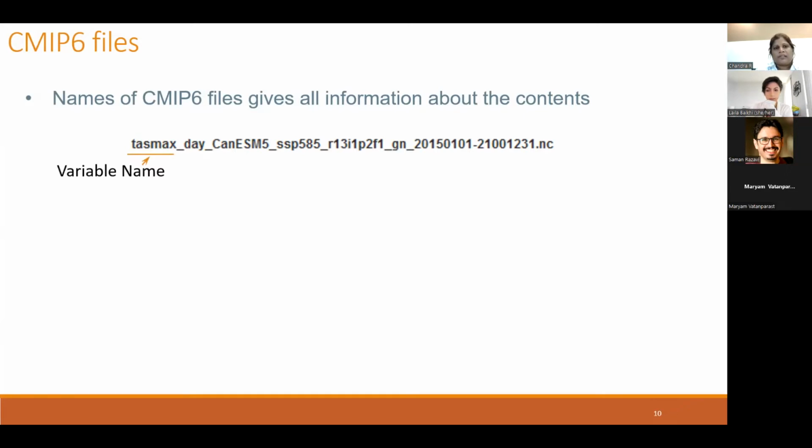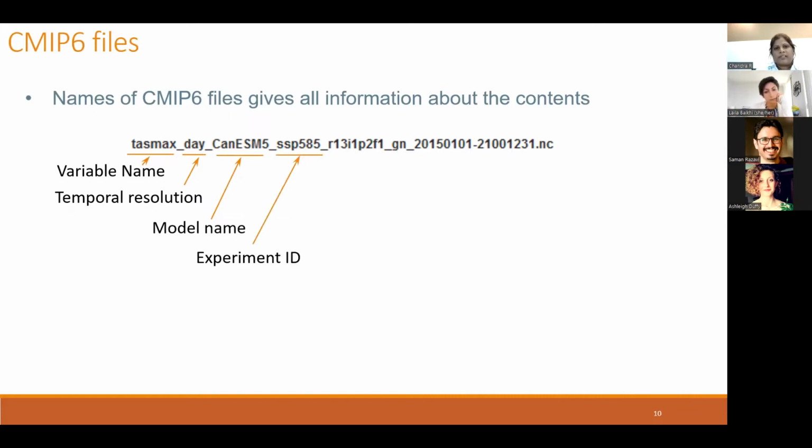Obviously this is a variable name which I have selected as maximum temperature, and this is the temporal resolution, and I selected it because I wanted a daily scale. This is the model name, or you can also get the modeling group from the ESGF webpage directly. And this is the experiment ID.